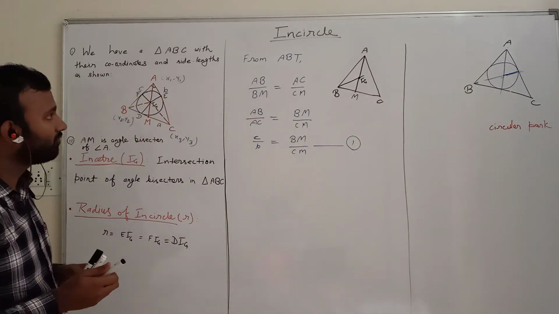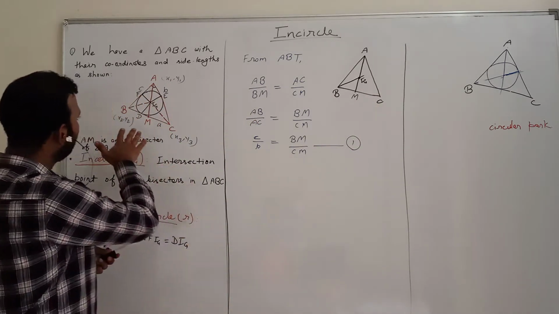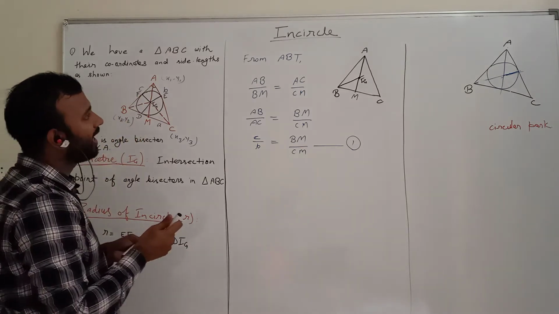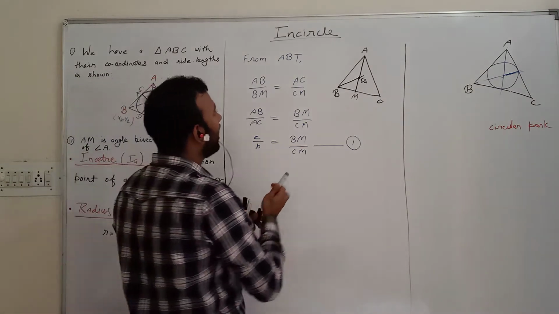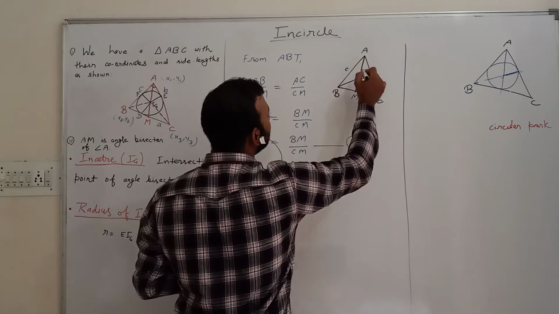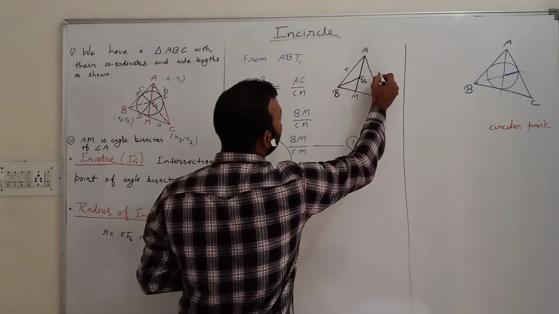From the section formula, from this diagram we have AB as small c and AC as small b.